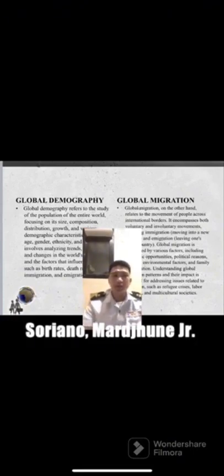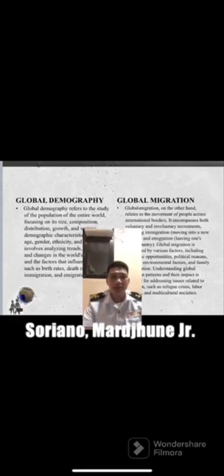So global demography is the study of the world's population and its various characteristics, including size, composition, distribution, and dynamics. It also encompasses the analysis of factors such as birth rates, death rates, fertility, and age structure on a global scale.